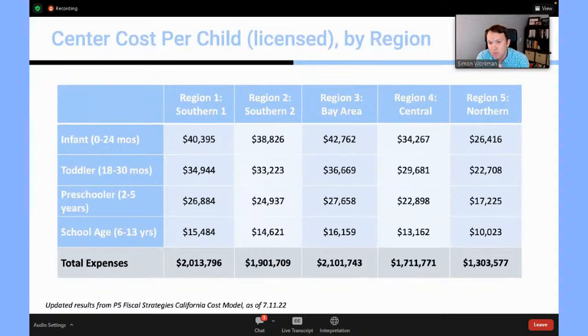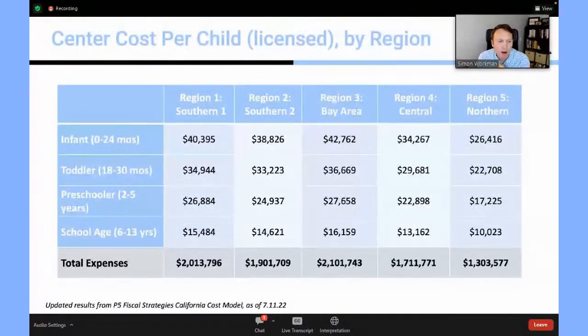And you can see we put the total expense line on there again so that you can see what is actually costing the program to run, that is the revenue that the program needs to generate in order to operate. So that's an updated chart from last time. Not going to spend a ton of time on that. The numbers are slightly different with some of the updates we made, but they're in the same ballpark as where they were.